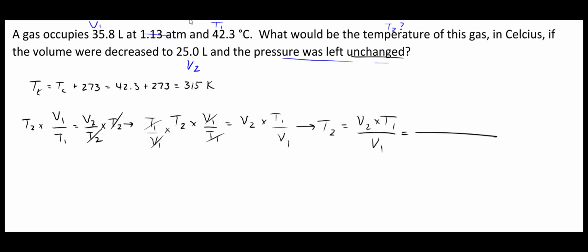So V2 was 25 liters. T1 was 315 Kelvin. And V1 is 35.8 liters.